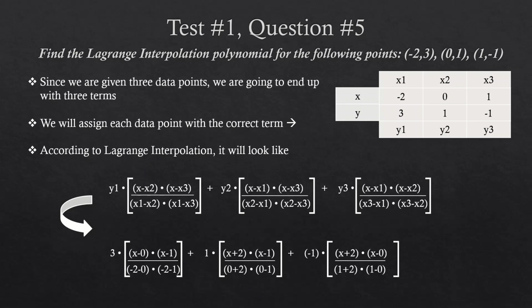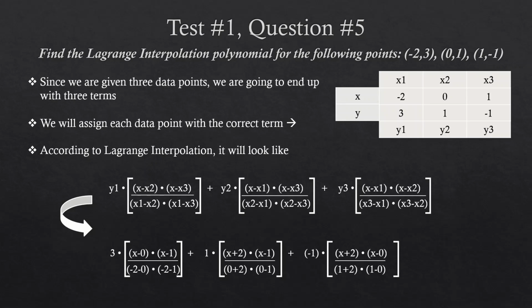As for the denominator, it's going to be the product of differences between x1 and all of the x's that are not x1. In this case, we will have x1 minus x2 multiplied by x1 minus x3. So this first part is going to be our first term of the Lagrange polynomial.